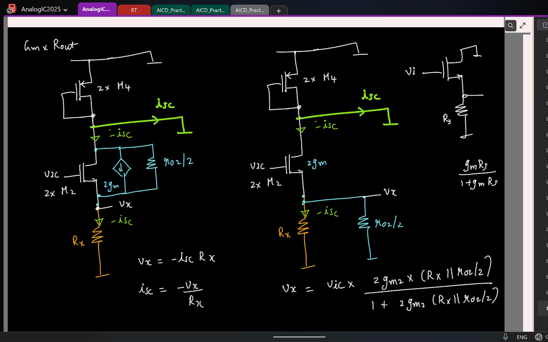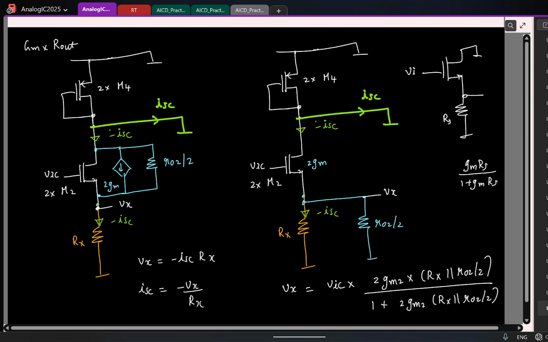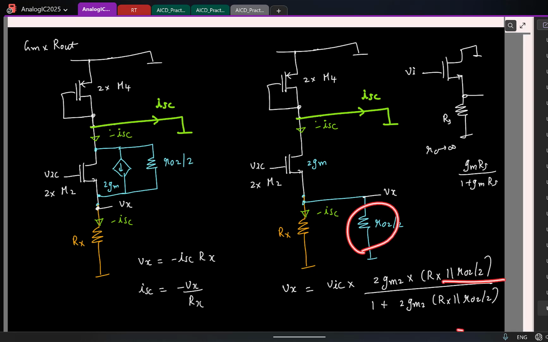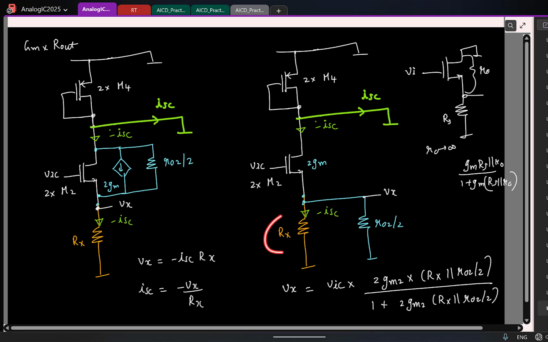One thing to remember is this result assumes that R0 is infinity, right? So here I have included R0, so it is fine. If R0 is also there, this is going to become Rs parallel R0. So that Rs parallel R0 is already included here.